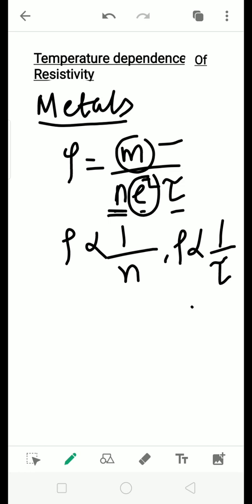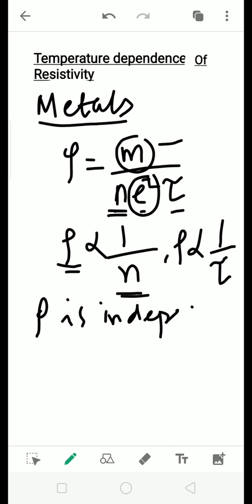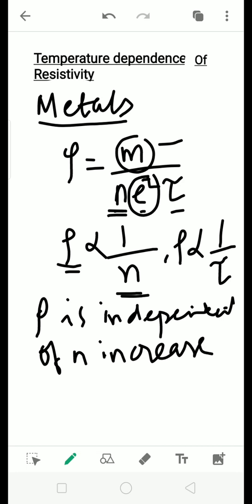But in actual, the n, that is the number density, is not dependent on temperature to any appreciable extent. So we can say that rho is independent of n with increase in temperature, or we can say that n is independent of temperature.